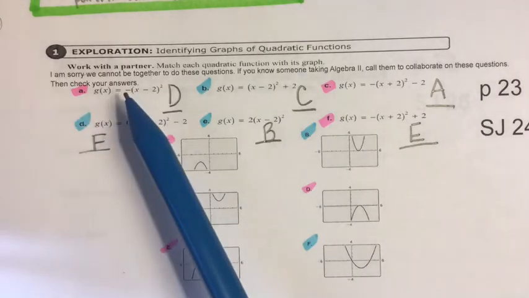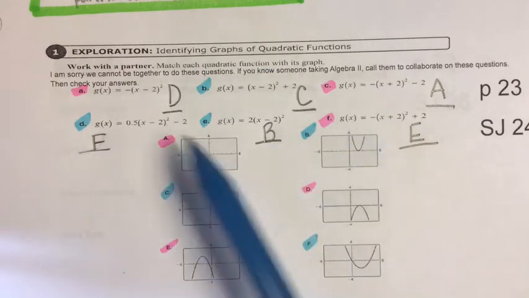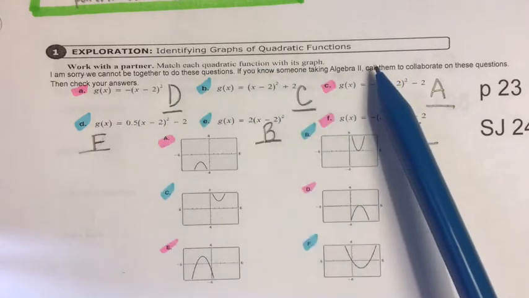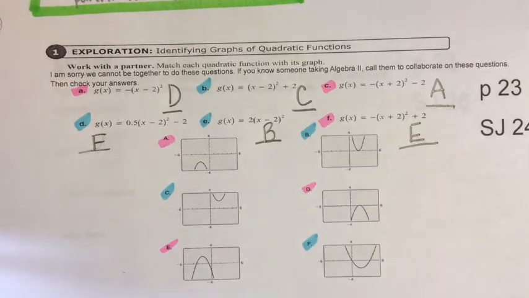As you can see, the A value for all 3 of these equations is negative. That means that I have a reflection of the parent function across the x-axis. The parent function, remember, is at the origin.